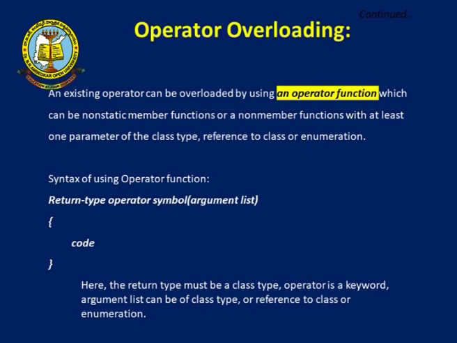If you want to overload any operator, first we write the return type, followed by the operator keyword, followed by the symbol that you want to overload, and inside the parentheses you can write any argument list, and inside the braces you can write the code for overloading that particular symbol.